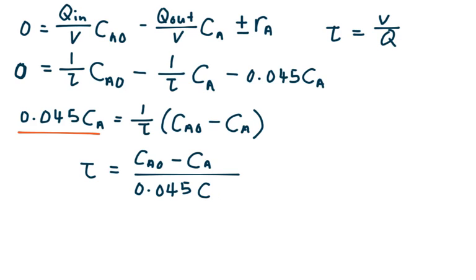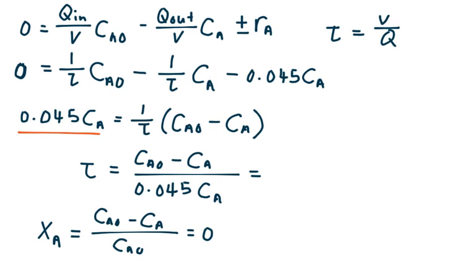0.045 times the concentration of A. Now then, it is given that the conversion XA is 70%. So XA is CA0 minus CA divided by CA0. This gives you 70% or 0.7.